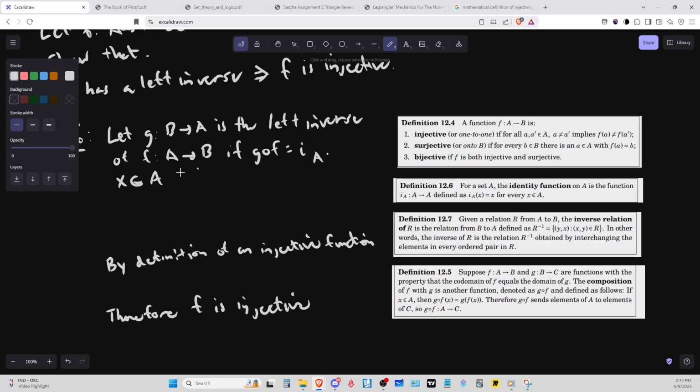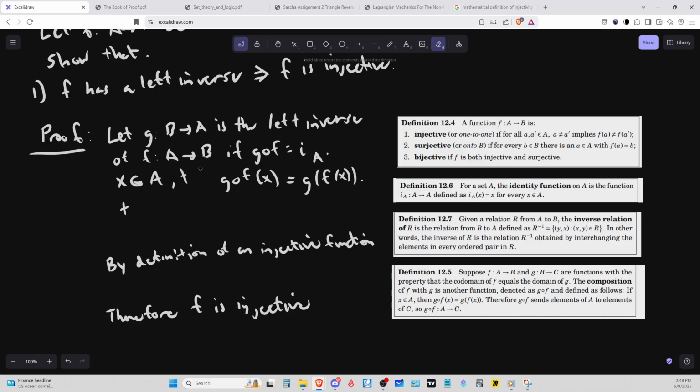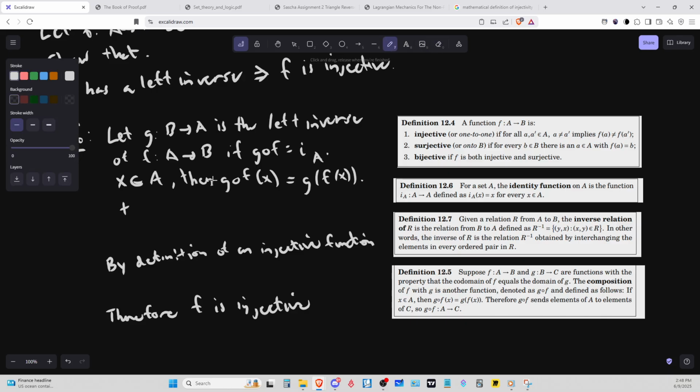X is an element of A, and... Yeah, that's better. It looked like it said thin, and I was like, that doesn't look great.